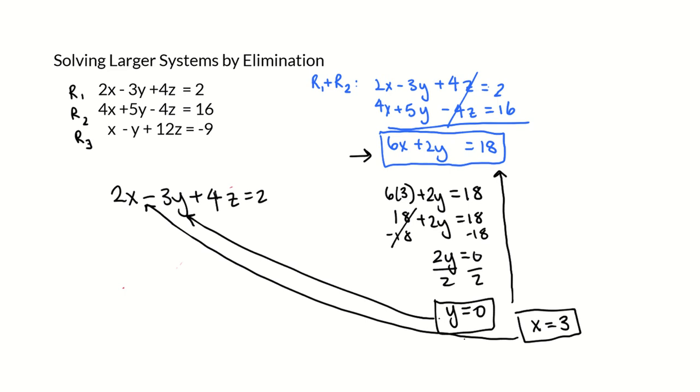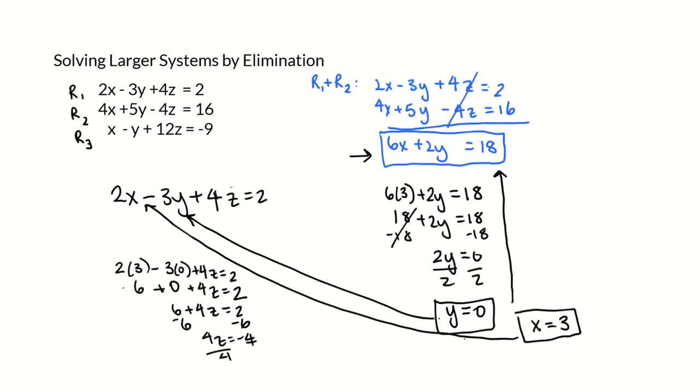So that would be 2 times 3 minus 3 times 0 plus 4z equals 2, which is 6, and 3 times 0 is 0, so plus 0 plus 4z equals 2. So 6 plus 4z equals 2. Subtract 6 from both sides to get 4z equals negative 4. Divide by 4 to get z is equal to negative 1.